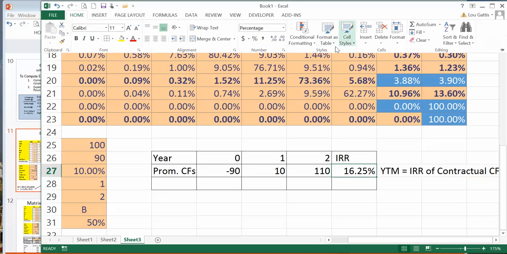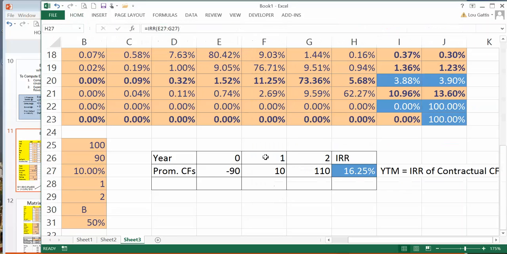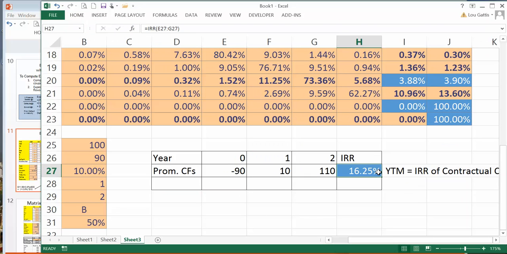All right, for the expected return of the bond, I'm still going to use the IRR of expected cash flows. Now to calculate expected cash flows, well, I can first put in the $90 payment, that's easy.